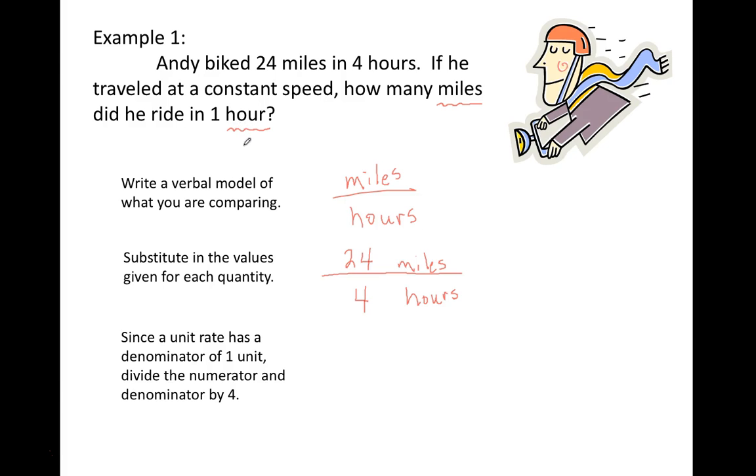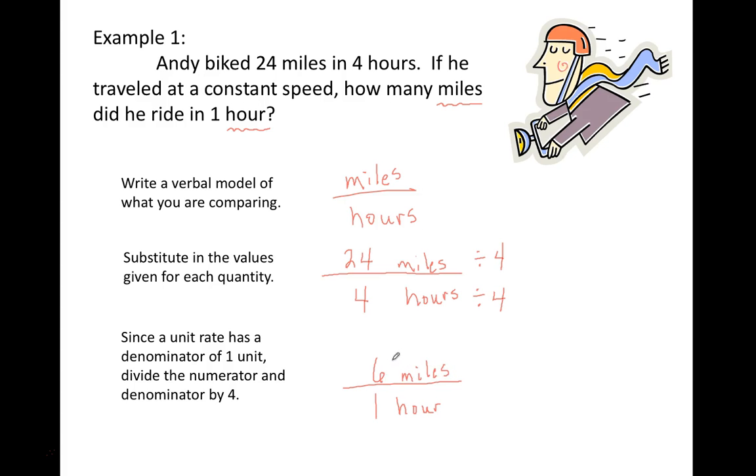Well, we can find that by simply taking 24 divided by 4 and 4 divided by 4. 4 divided by 4 will give me a denominator of 1 hour, and 24 divided by 4 would be 6, or 6 miles.